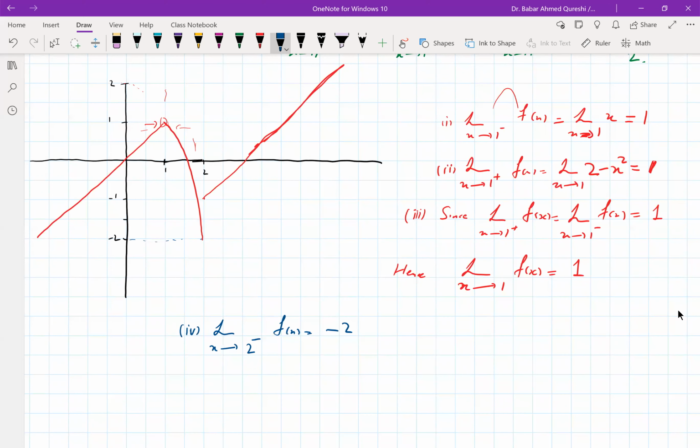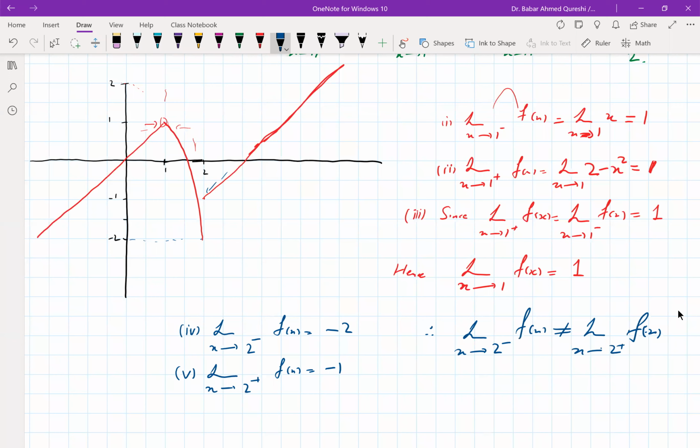It's minus 2, while the right-hand limit, because the value at that point doesn't matter, looking at the approach from the right-hand side, you are approaching minus 1. Therefore, the limit does not exist.